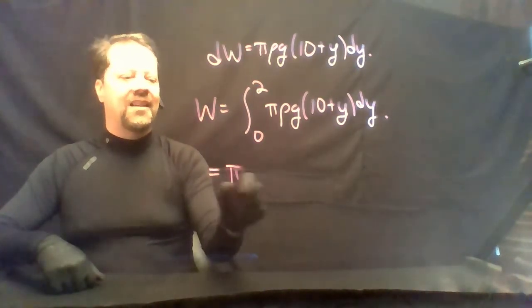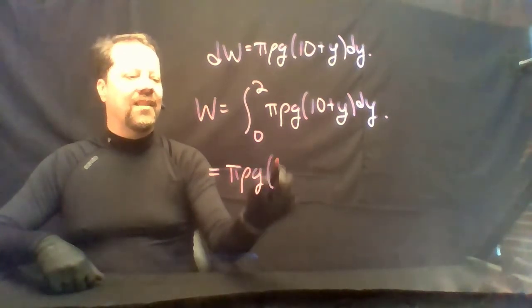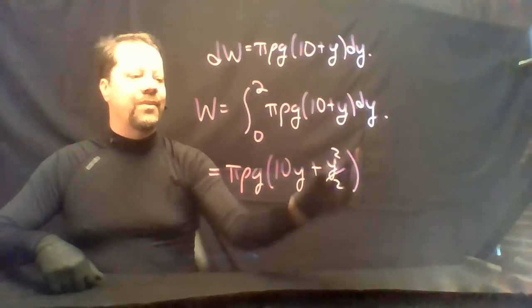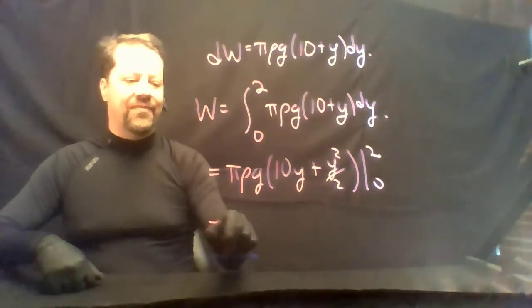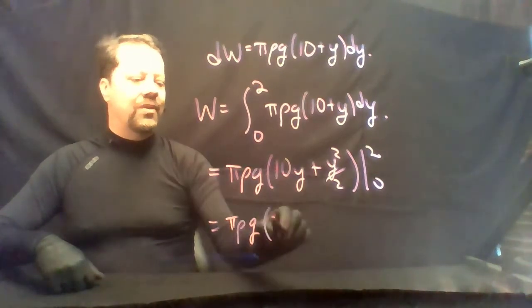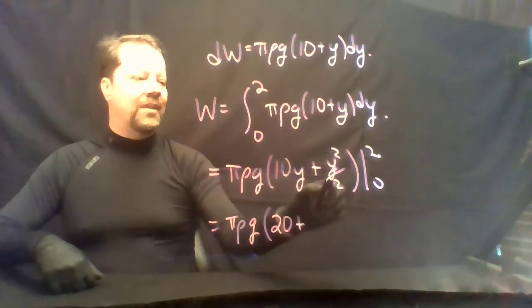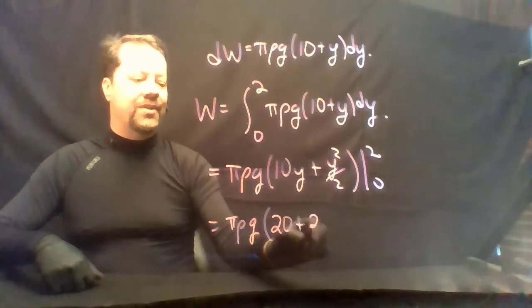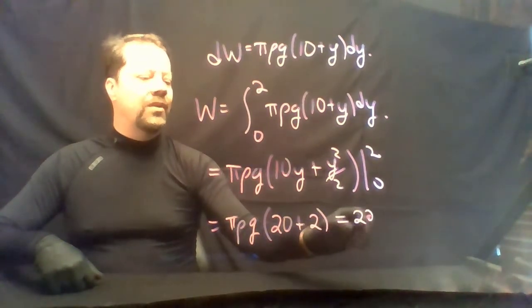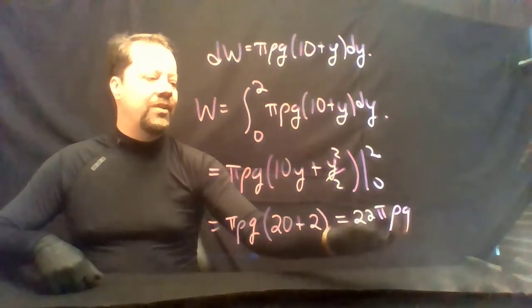We obtain pi rho g times 10y plus y squared over 2 evaluated from 0 to 2. That's pi rho g times 20 plus 2 squared is 4 divided by 2 is 2, and of course minus 0, or 22 pi rho g.